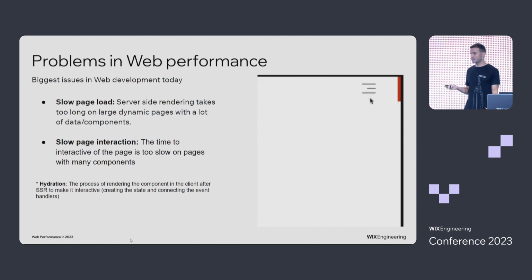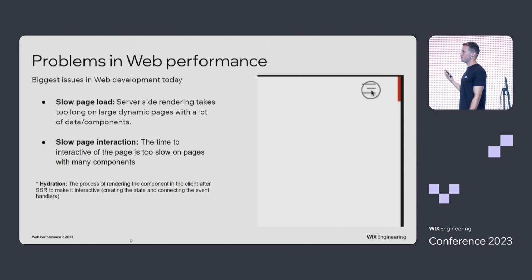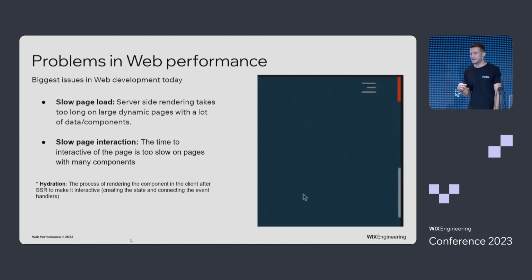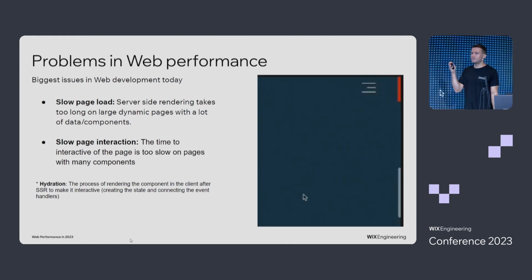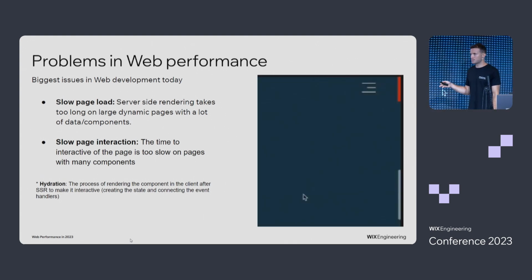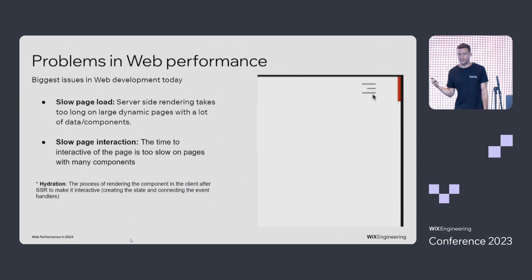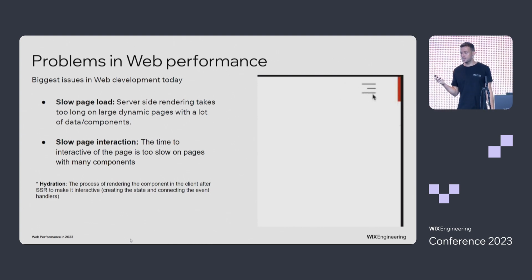Another thing that I'm sure you felt is pages that take time to become interactive. Even if the site is visible, we need to download JavaScript, run it, and hydrate the components so the user can use them.